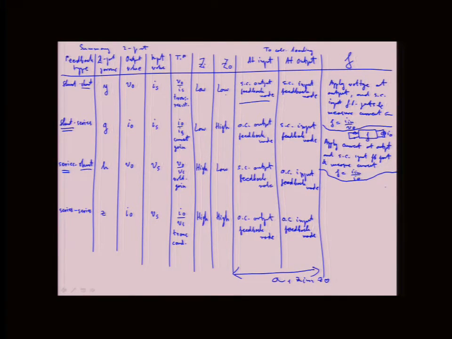Okay, next one. I'll draw a box and you tell me what's what. So this is F. We're doing series shunt. So what quantity do we feed back from the output? Voltage. It's shunt. So we're measuring voltage. So okay, I'll draw it as we're applying it.